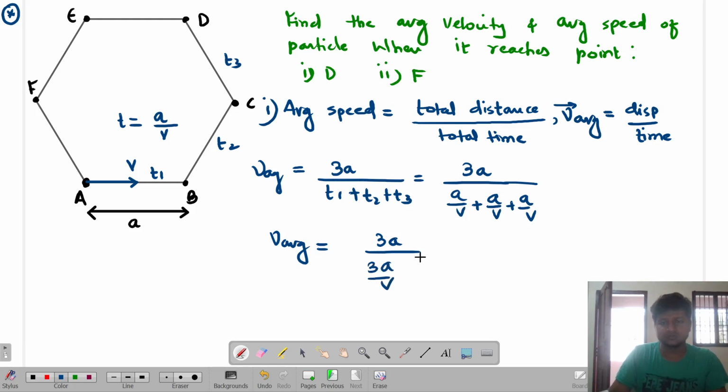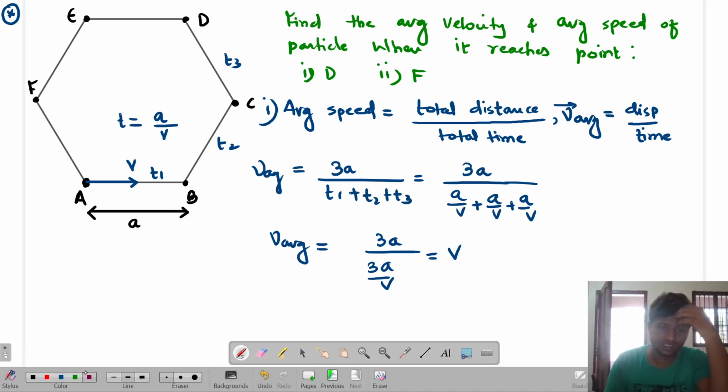The v will go up, 3a will cancel, and v is my answer. If the particle travels all this distance with a constant speed, in equal time intervals, remember that average speed is equal to the speed of the particle.